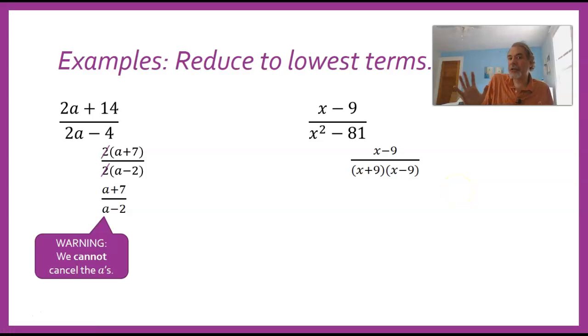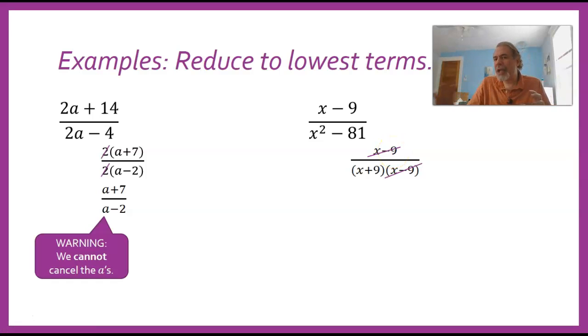So do you see any factors that appear in the numerator and the denominator? x minus 9. So we cancel those. And what's left? Well, on the bottom, there's an x plus 9 left in the denominator. And on top, it doesn't look like there's anything left.